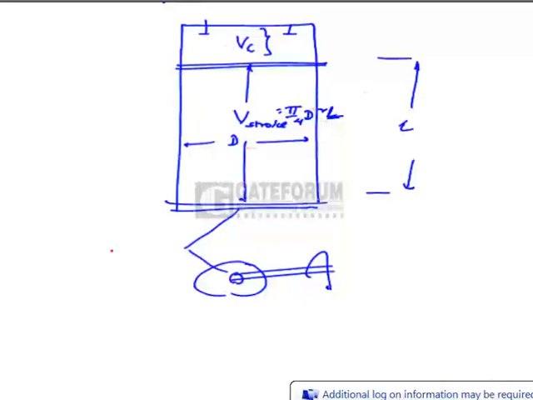So volumetric efficiency is defined as the actual volume of air or air fuel mixture sucked into the cylinder during the suction stroke divided by the swept volume or stroke volume of the engine.